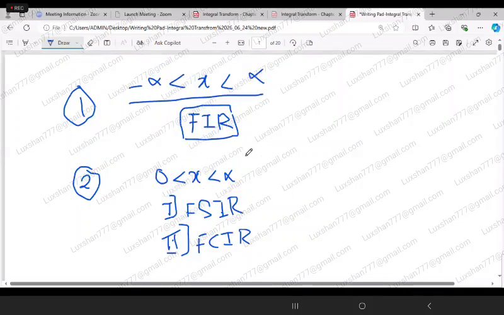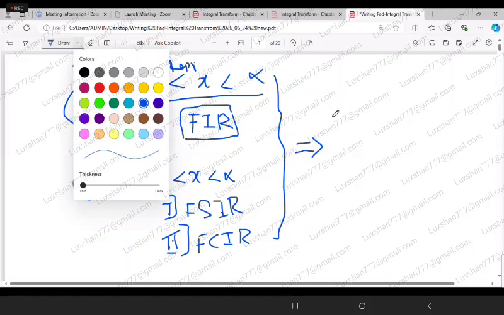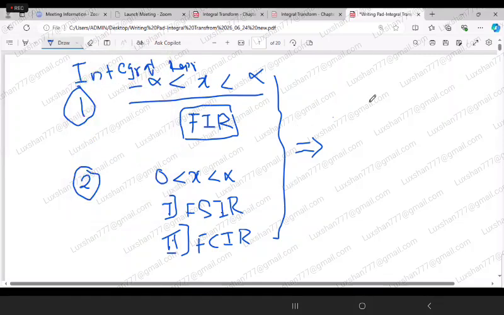From these integral representations, we developed the Fourier transform.